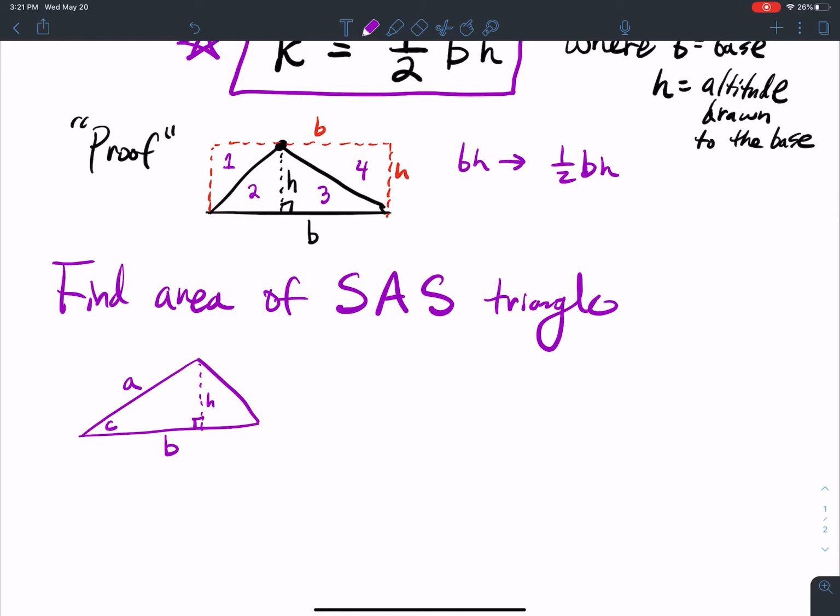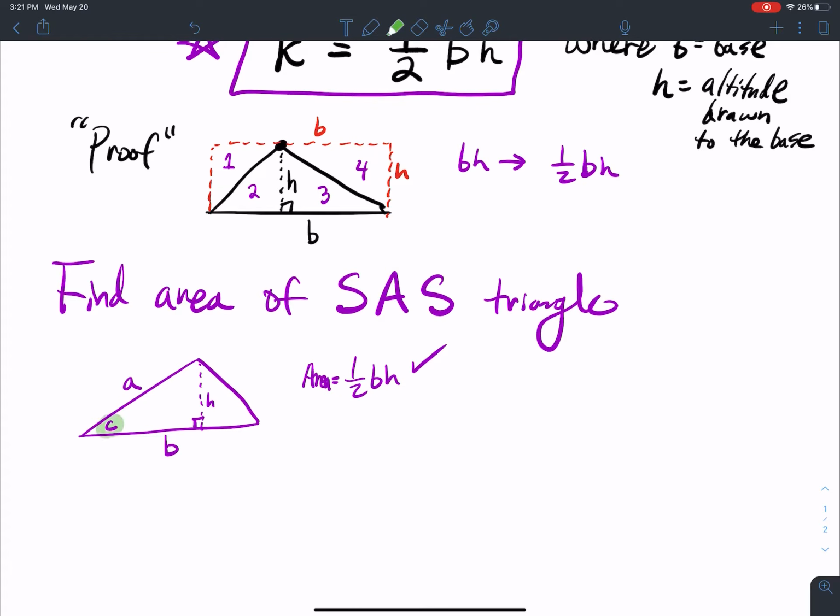Now I can find the area of the triangle. If the base B and the altitude H are known, then the area is just 1/2 BH, right? That's the area. K equals 1/2 BH. Now how would we get the H?